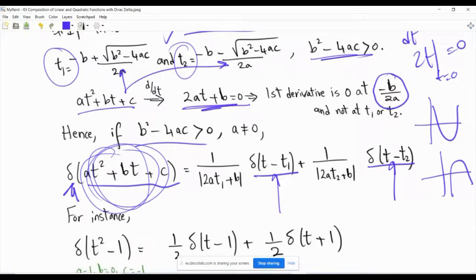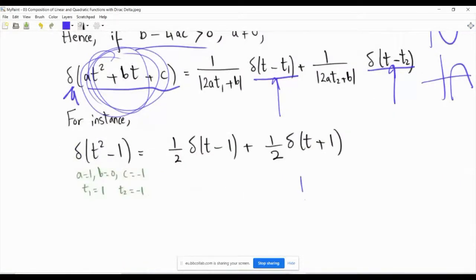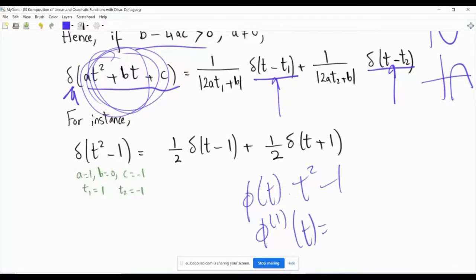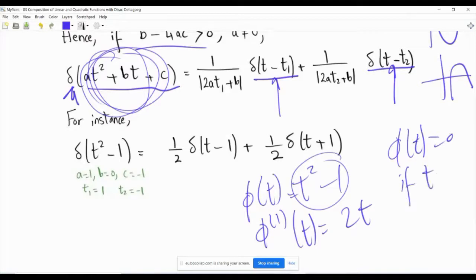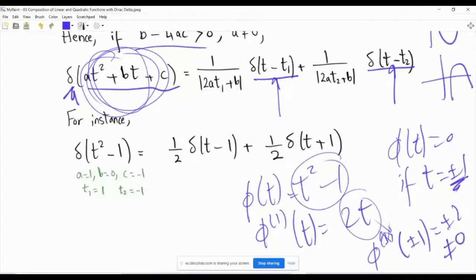Okay, so as a special case, if we take t squared minus 1, this is our function phi of t. So the first derivative is equal to 2t. When is this function equal to 0? So phi of t is equal to 0 if t is plus or minus 1. And the first derivative evaluated at plus or minus 1 is plus or minus 2, not equal to 0.